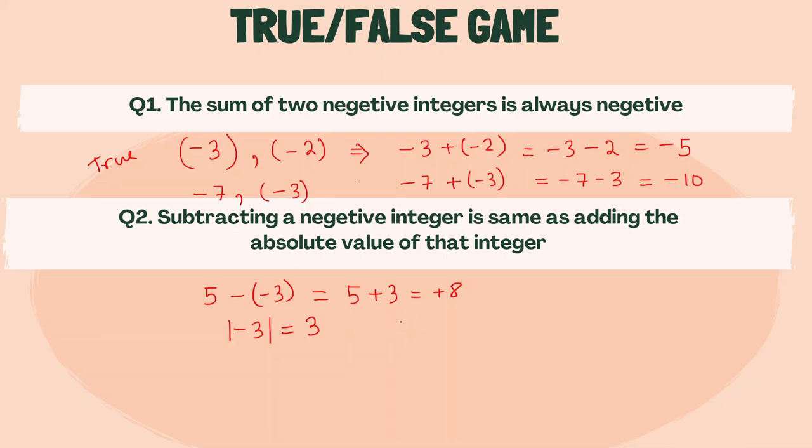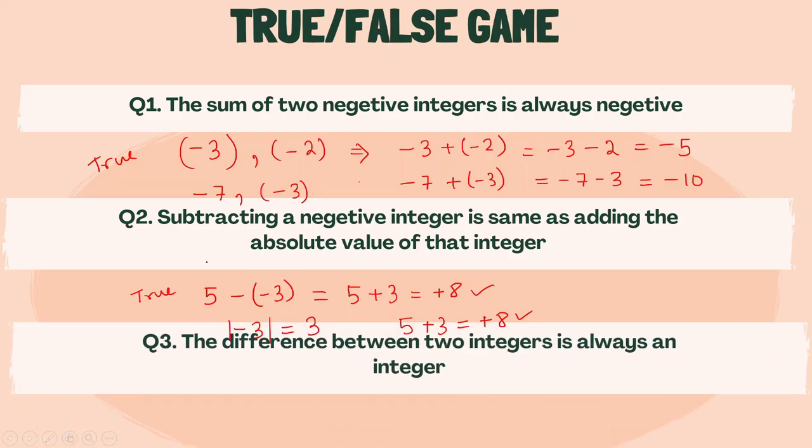So what will be the answer? 5 plus 3 equal to plus 8. So from here you can see that subtracting a negative integer is actually adding the absolute value of the integer with that number. So this is also true.